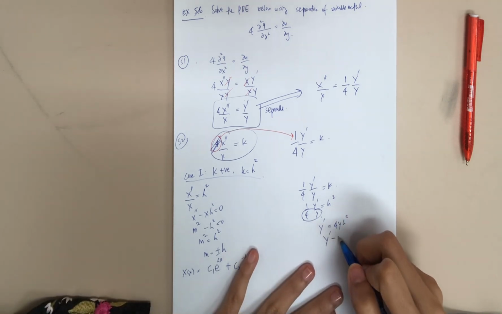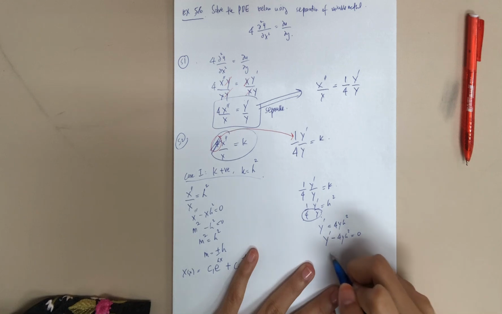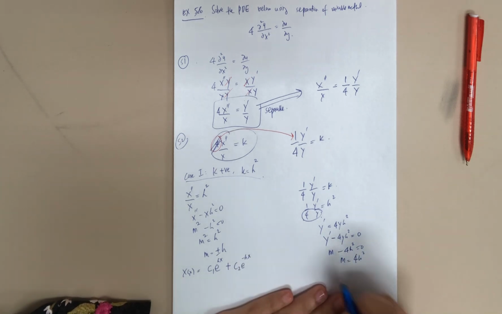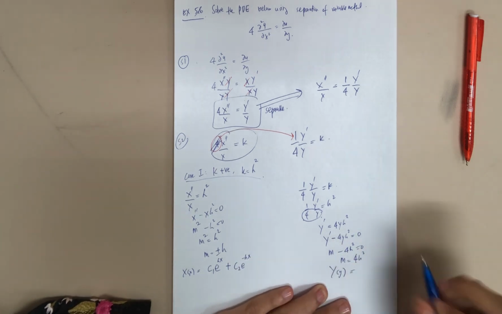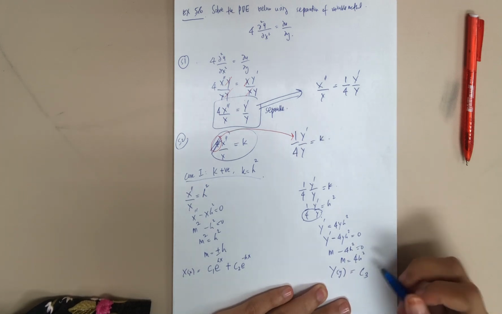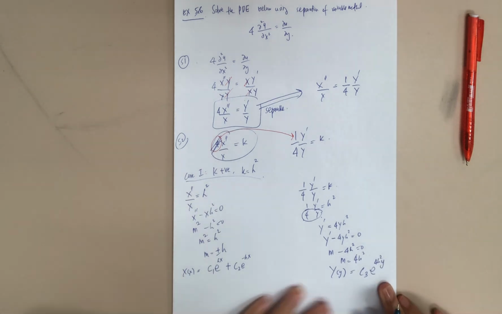Okay, Y prime minus 4Y lambda square equal to 0. So replace with m, so m minus 4 lambda square, and your m is equal to 4 lambda square. Therefore, the equation for Y is given by C3 e to the power of 4 lambda square y.